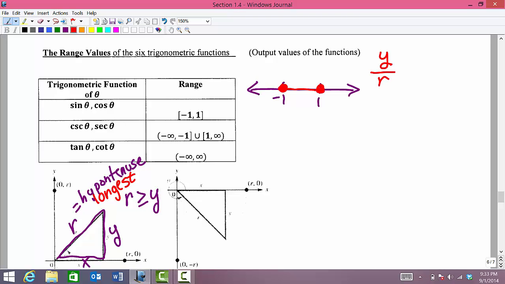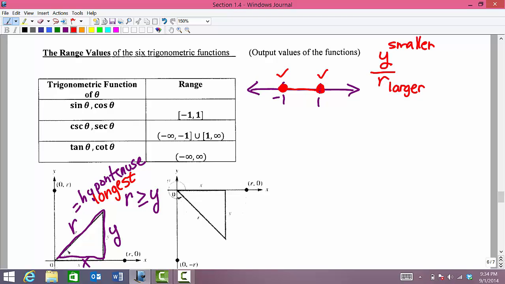If y is always smaller, and r would either be larger or equal, well, if they are equal, that would be 1. And if y is the opposite sign, if y is negative, then we would have -1. So we could see that if y and r are equal to each other, with y being positive, I would get a positive 1. If y is negative, I would get a negative 1.